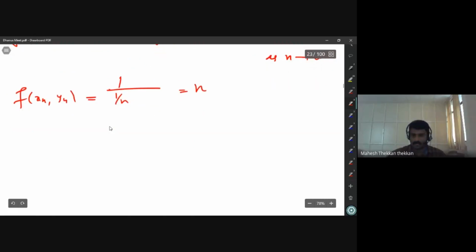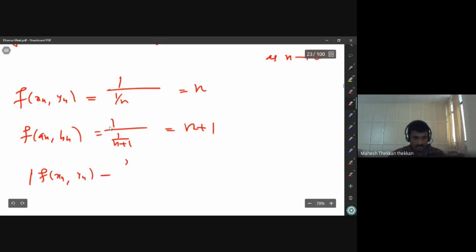What is f of (an, bn)? f of (an, bn) is again 1 by (1 by n plus 1), that is n plus 1. Then modulus of f of (xn, yn) minus f of (an, bn) is nothing but 1. This does not go to 0.